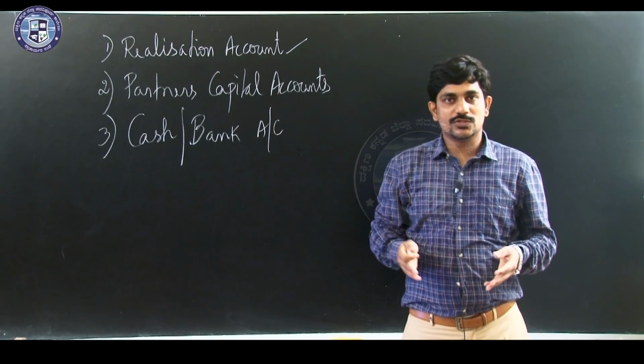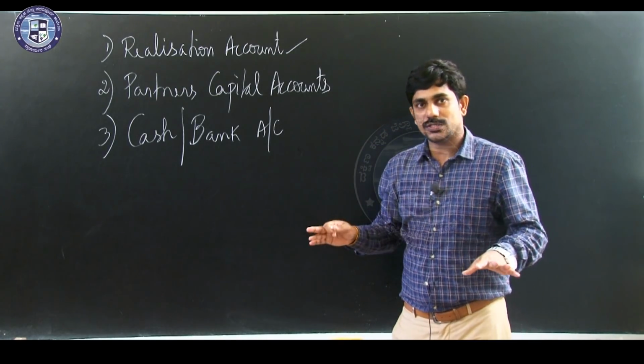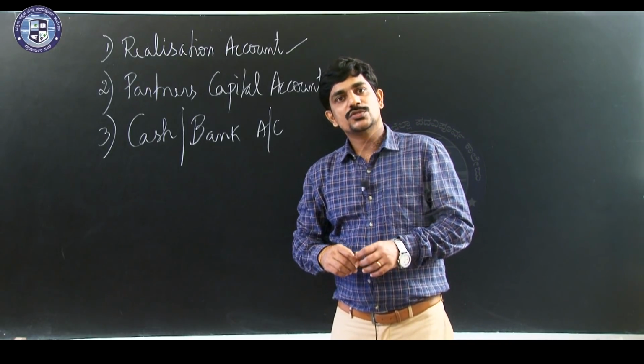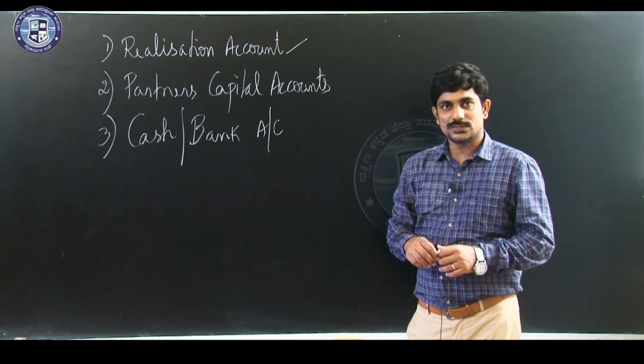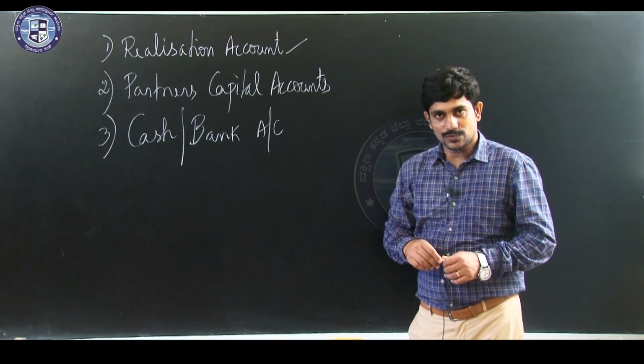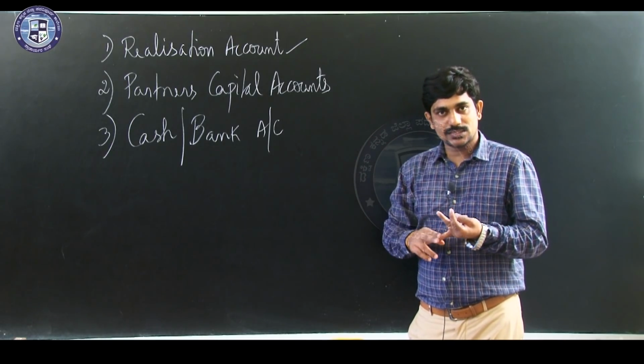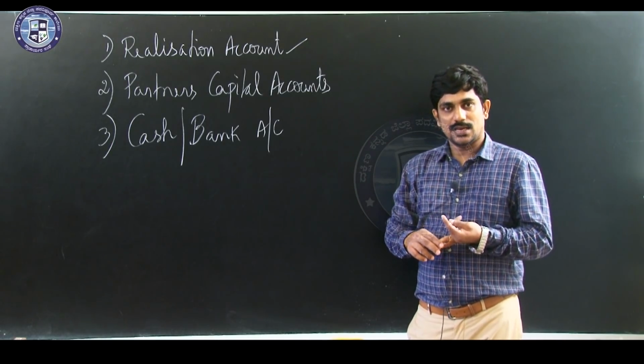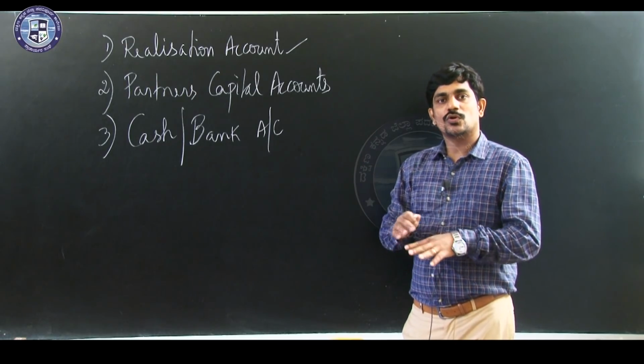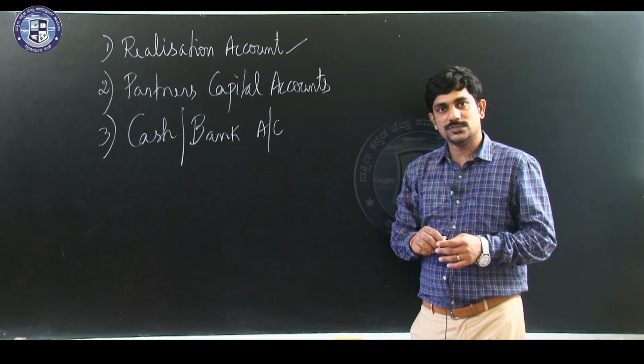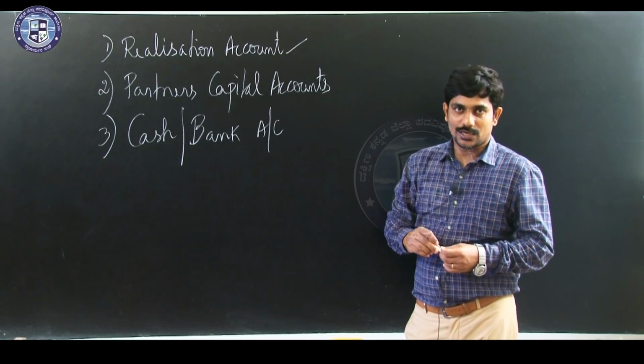Now, what do you mean by dissolution of partnership? Complete closing down of the business. So, when you close the business, what you are supposed to do? In the business, there are assets as well as liabilities. So, we need to close all the assets accounts as well as liabilities accounts.